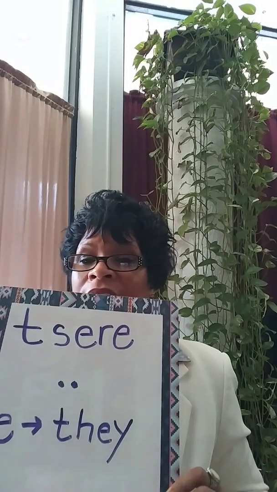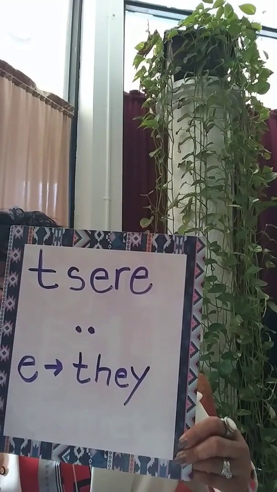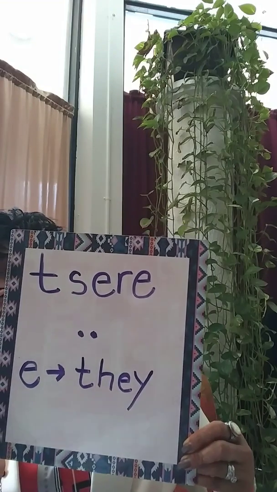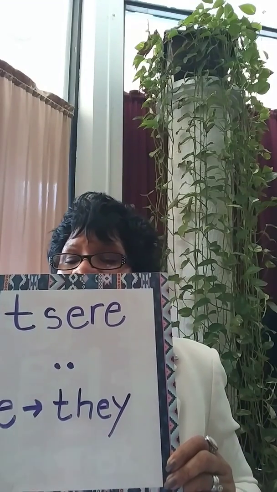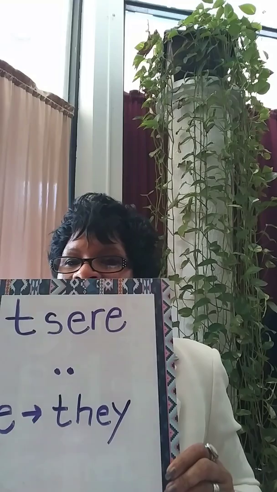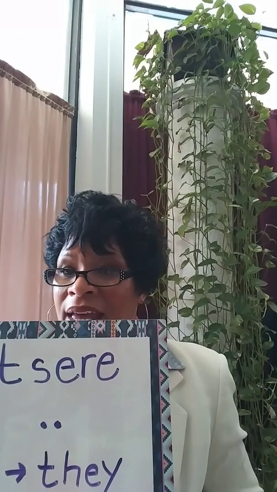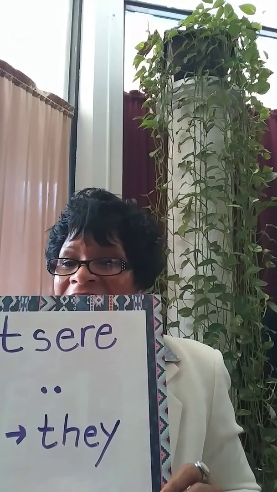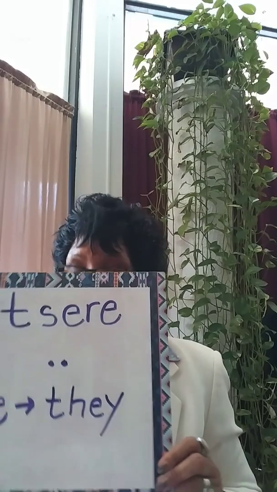So a sirti has the sound of the E in the word "they." That's almost an A sound. It's an E, but it's not the short one. It is "they," and it is called a sirti. I'm taking my time with this.